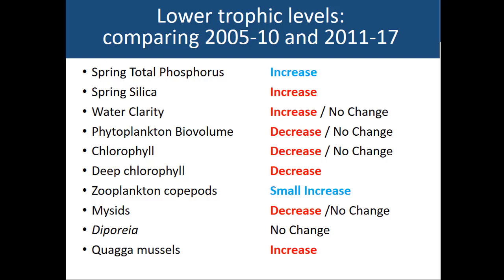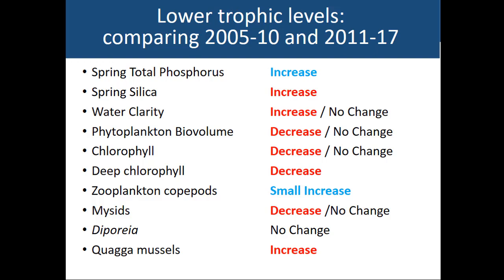Deep chlorophyll was decreasing. There's a small increase in some of the zooplankton copepods. Mysis no change in the summer. Diporeia no change in the deep waters. Quagga mussels are increasing. So it has stabilized. It's not going down as much as it did before, and the decline is primarily in the spring.